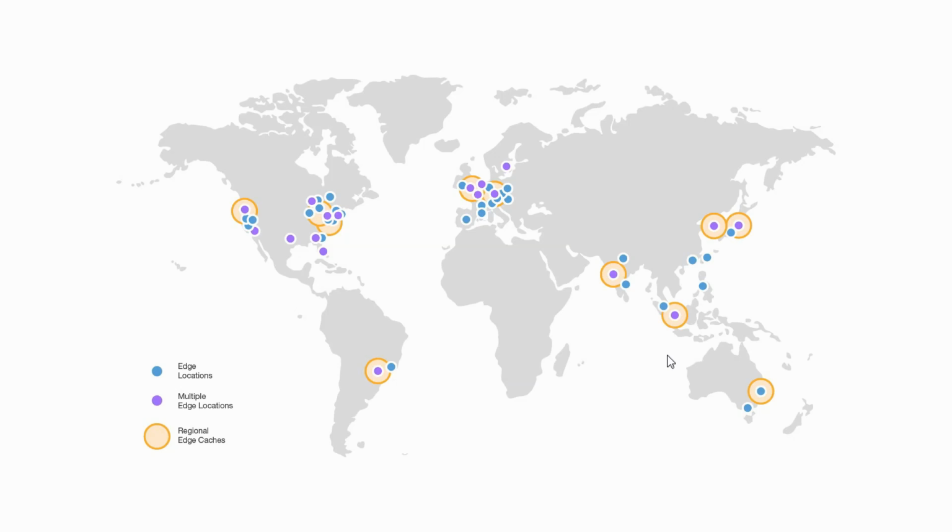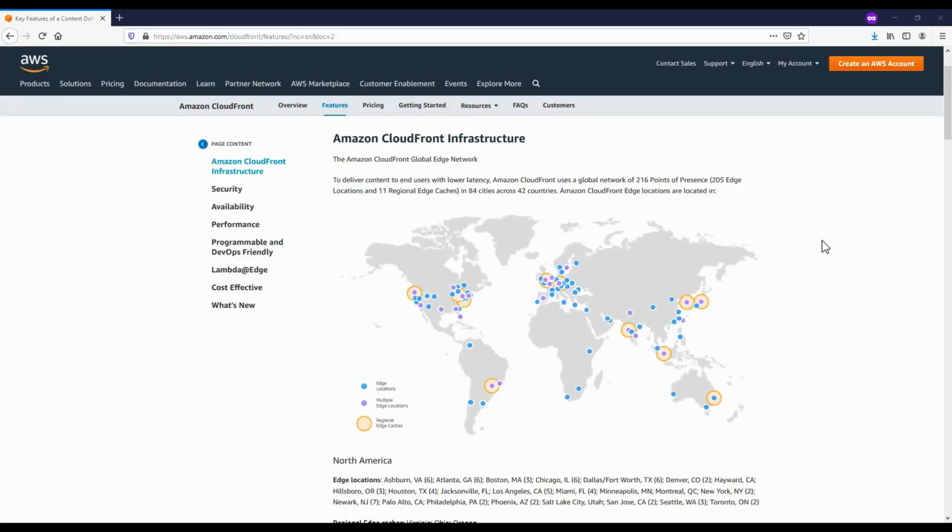CloudFront uses a global network of 260 points of presence, which means they have 205 edge locations and 16 regional edge caches in 84 cities across 42 countries.